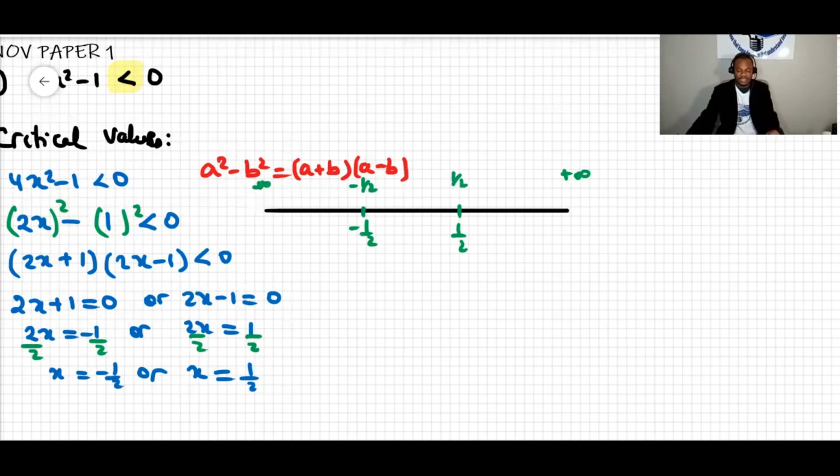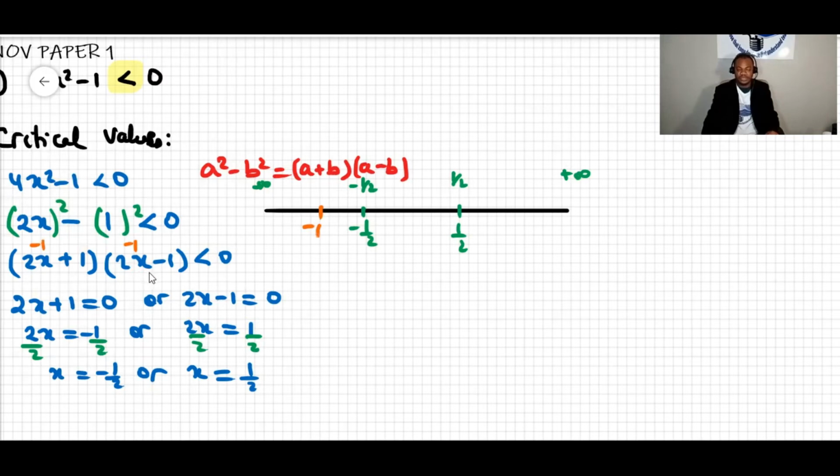We will select any number within an interval. I'm going to start with the first interval. If I take a number like -1 and substitute it for x, I will have a negative answer in one bracket, and in the other bracket I also have a negative.